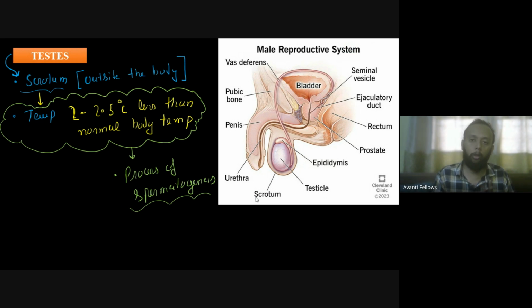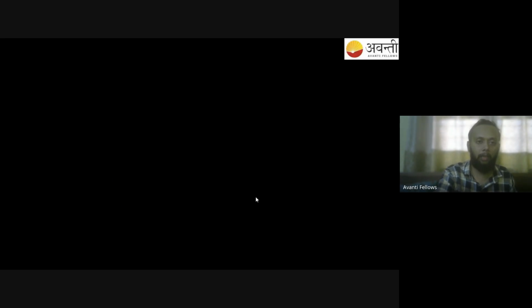Now there's one more thing you should understand here: your testes are connected to the abdominal region with the help of the inguinal canal. So there is something called the inguinal canal. We'll have a look at that.